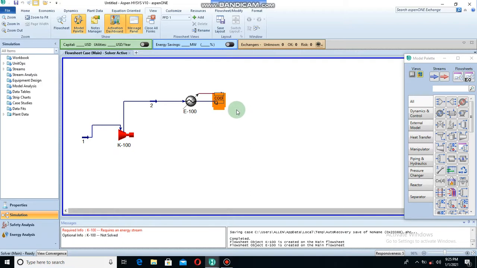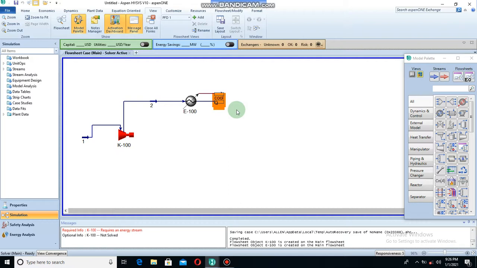At this point we'd like to drop the pressure of propane using a valve. The reason for the drop in pressure of propane at this point is to have a very cold propane. And if you have a very cold propane, it's very easy for you to cool off any liquid you want to cool off.